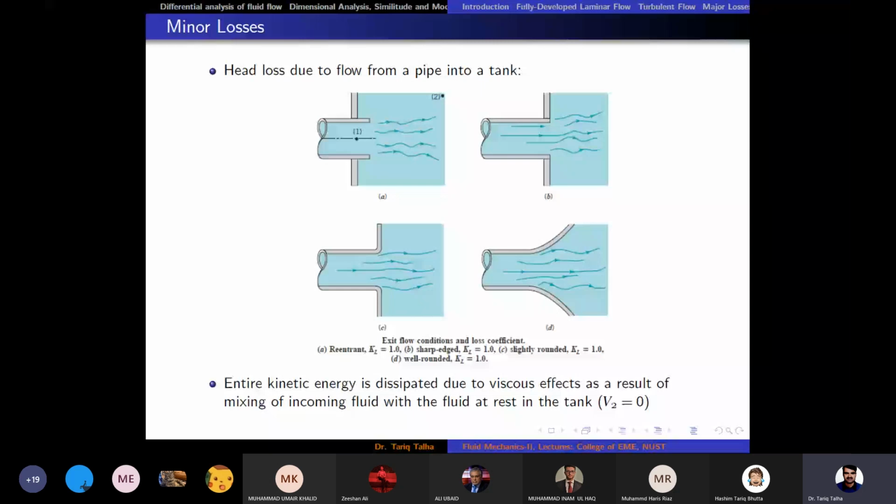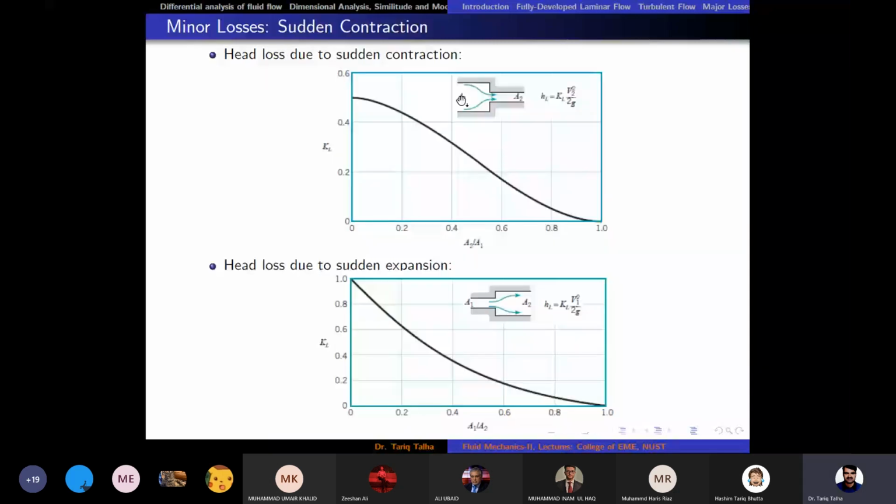Now there are certain other discontinuities or components involved. Like if we have got a sudden contraction, if we have got a big pipe and then we attach a small pipe in front of it, it means that the flow has to contract inside this.